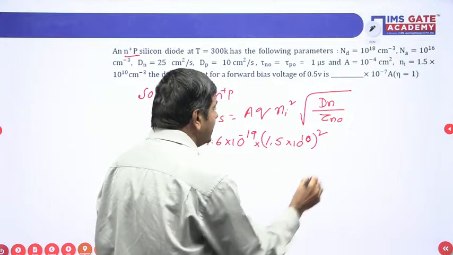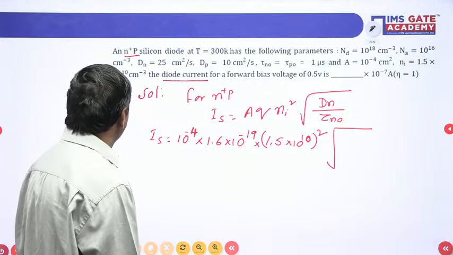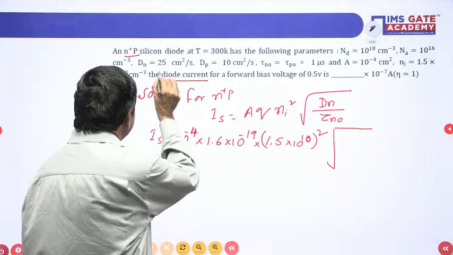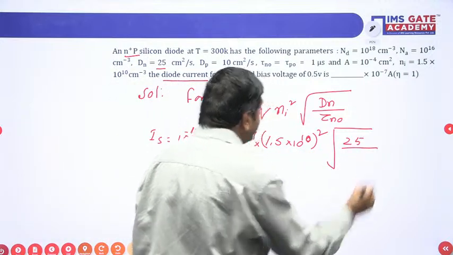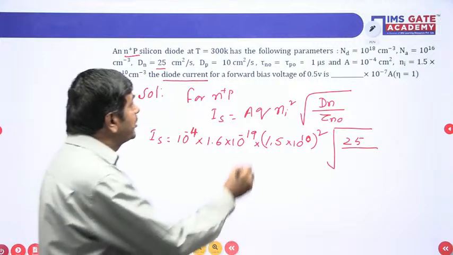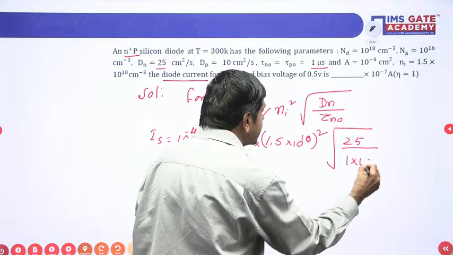Under root of Dn, the diffusion coefficient of electrons, 25 cm square per second, is given in the problem, by tau n0 or tau p0, both are the same, 1 microsecond, 1 into 10 power minus 6.